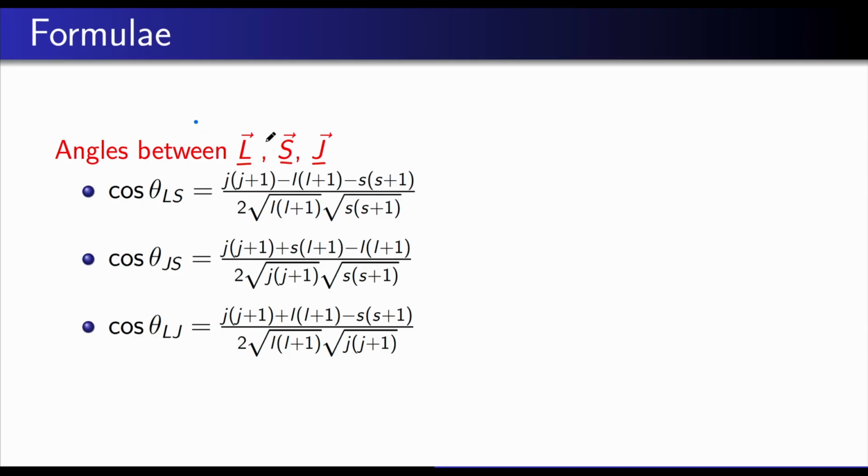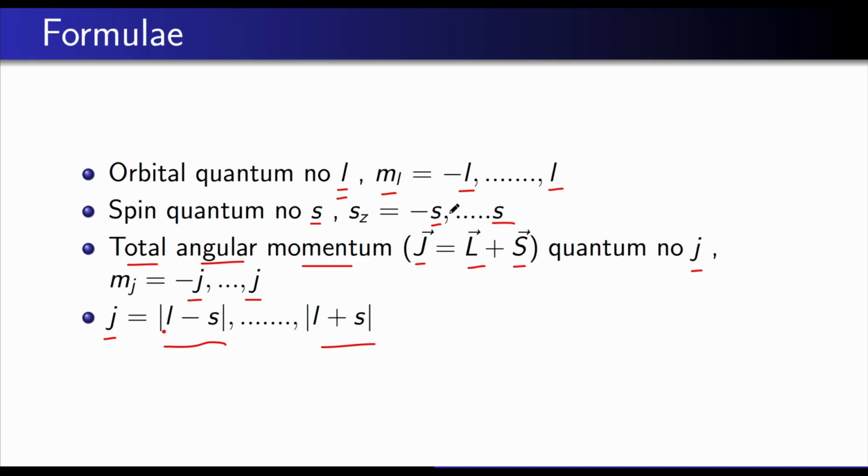If we consider the angle between, say, the L vector and the S vector, then cos theta LS is given by this expression, and you can easily obtain this. You just have to square it and you will get the answer.